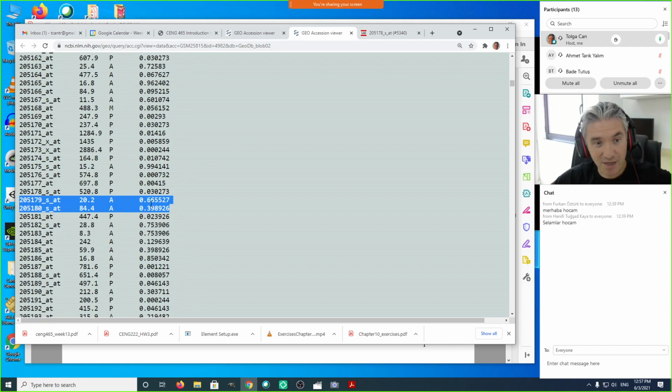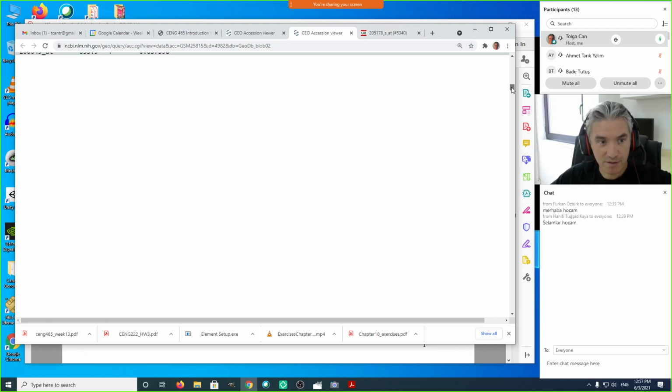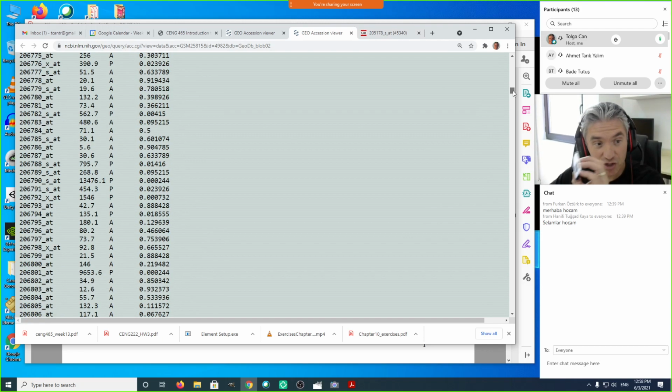So this is the p-value that tells us we're not very confident in this reading. The P entry here tells that you may be confident in that reading. So this was the one I looked at, which tells us that the gene was active in this tissue as the tissue was sampled.